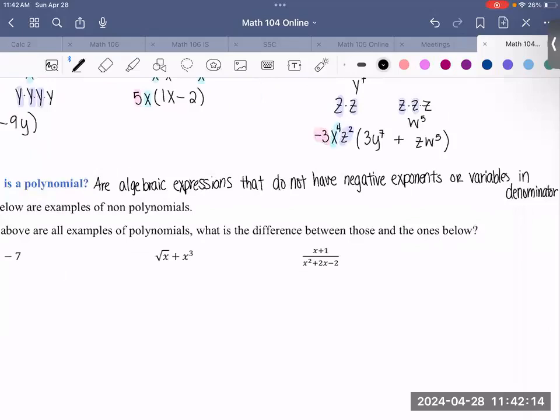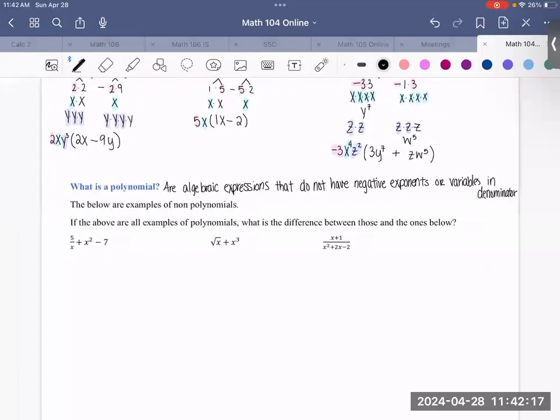Okay, so no negative exponents or variables in the denominator.